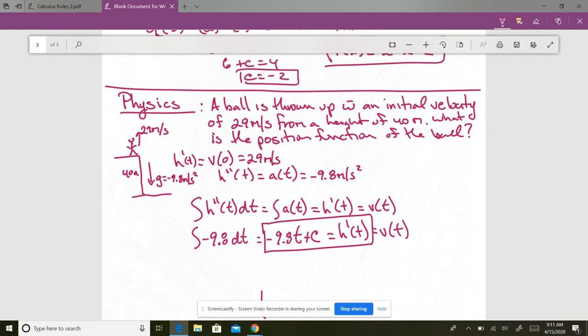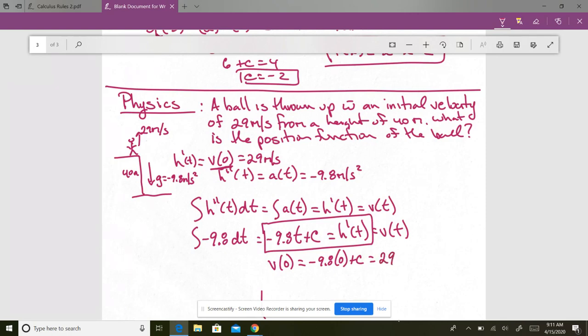I don't want the c. How do I get rid of the c? Well, this is the velocity function. What did I say up here? I said that the initial velocity is 29. So v of 0 is negative 9.8 times 0 plus c. That was 29.